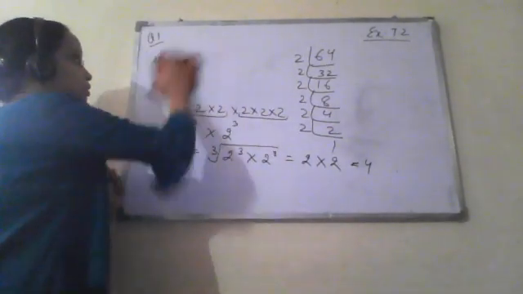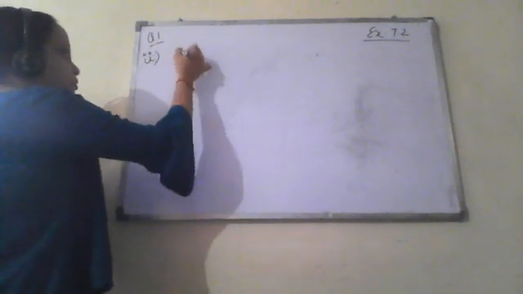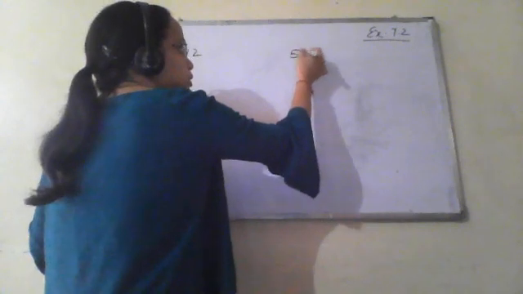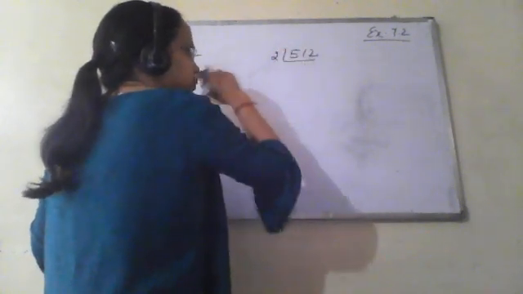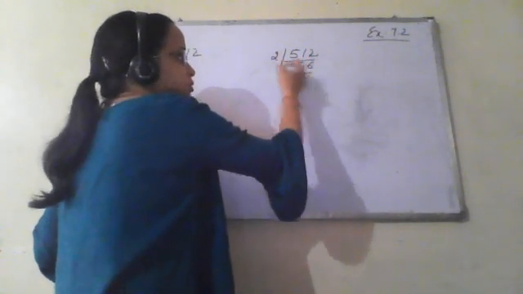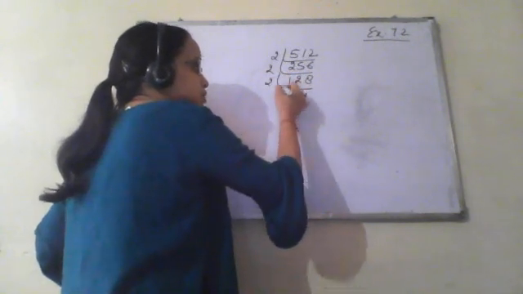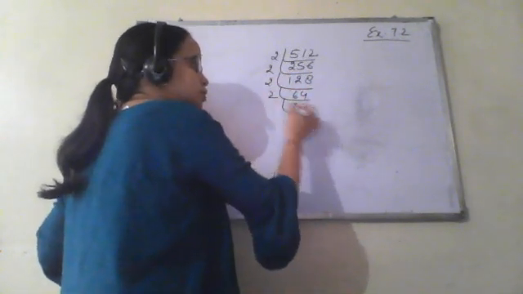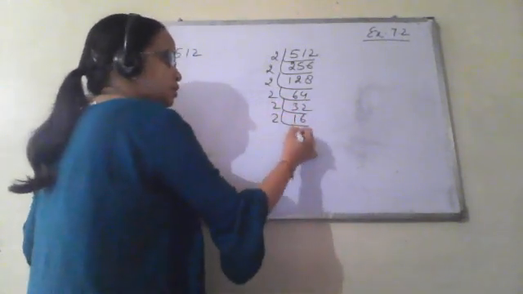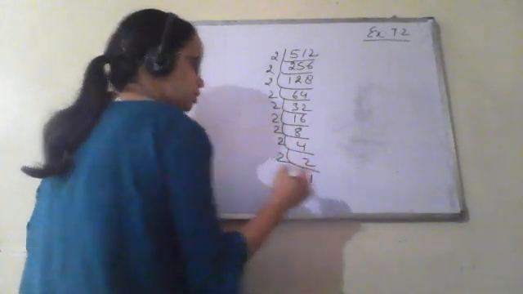Now second part. Second part is 512. Prime factors: 256, this is 128, this is 64, here it is 32, this is 16, 8, 4, 2, and this is 1.